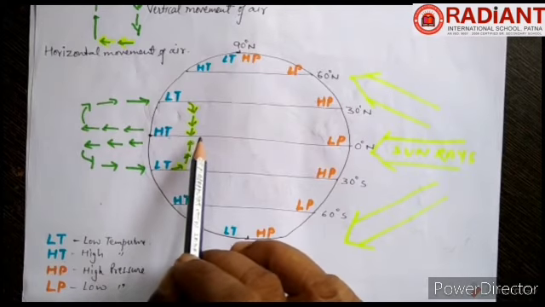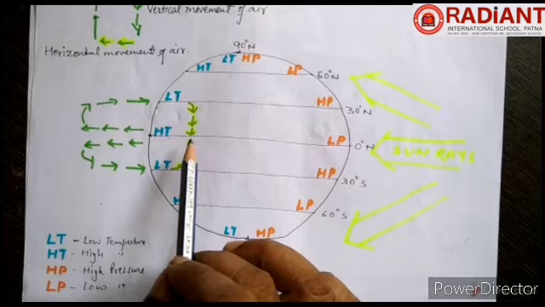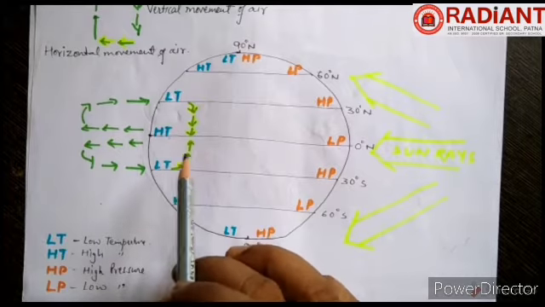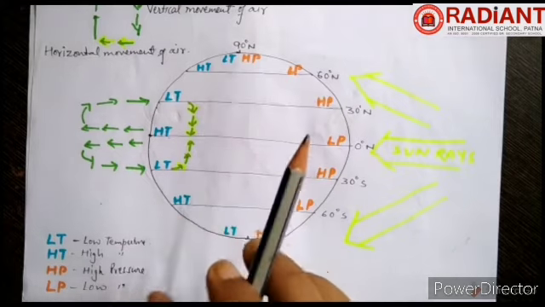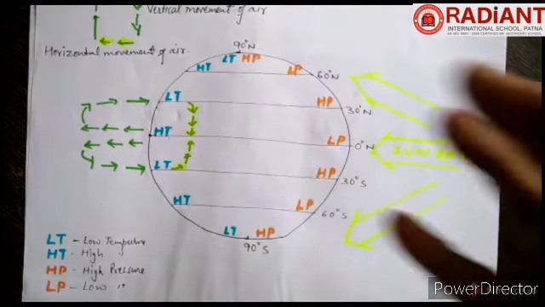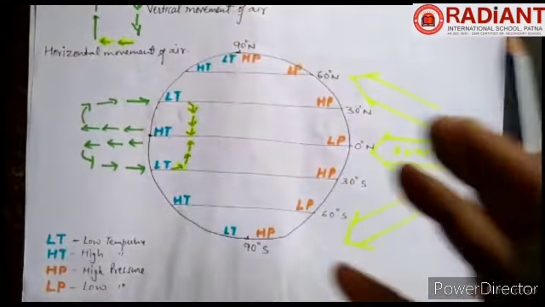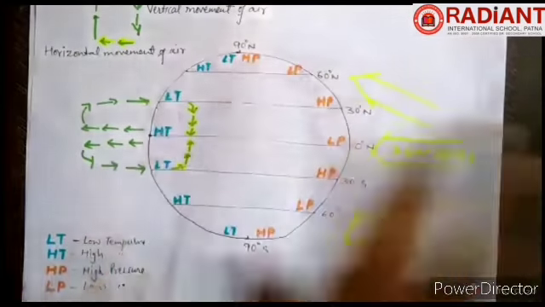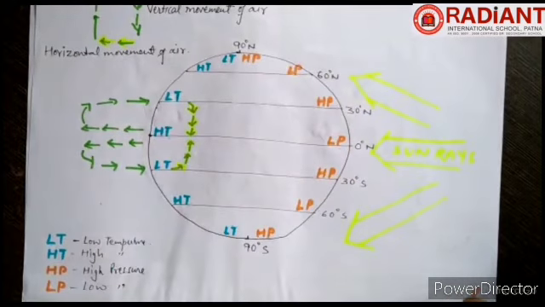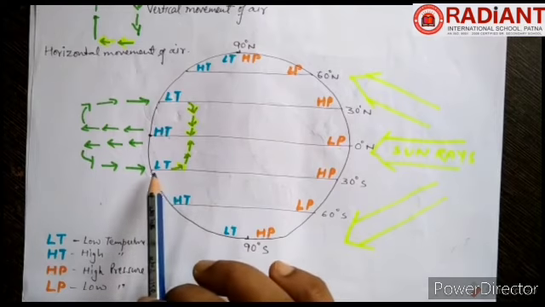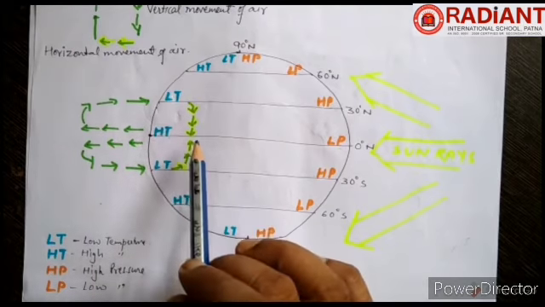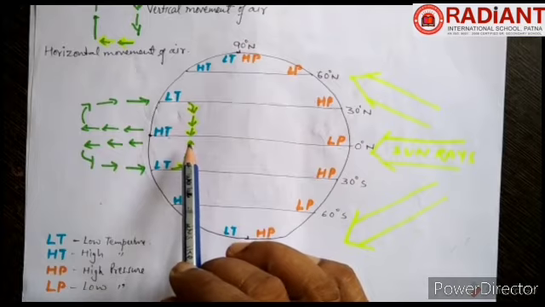I am giving an example. Suppose you take a mug of water from a tub, then a hole will not be created. What will happen? From both sides, the water will come and make one level. So you can understand that from all sides, from the low pressure area, the air will start moving towards the 0 degree.